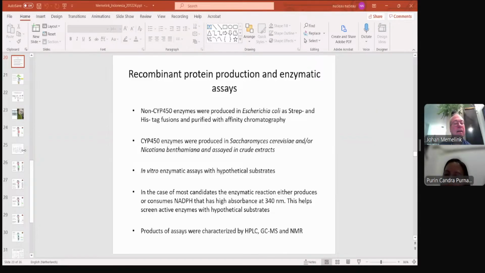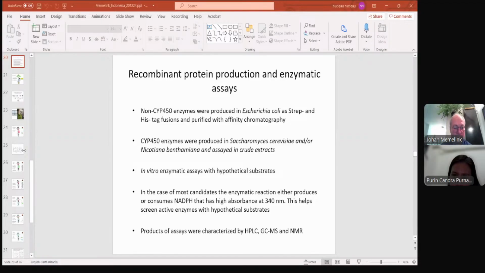So now we see this question. It's about why you think that cytochrome P450 is involved. Yeah, because it's common. Essentially, most of the oxidation reactions in plant metabolism are catalyzed by members of the cytochrome P450 family.